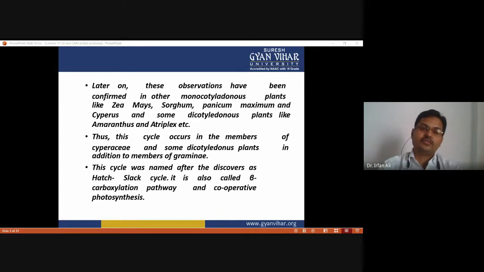That's why this cycle was named after its discoverers as the Hatch and Slack cycle. So the Calvin cycle carried out in a different way in C4 plants is called the Hatch and Slack cycle. It is also called the beta carboxylation pathway and cooperative photosynthesis.